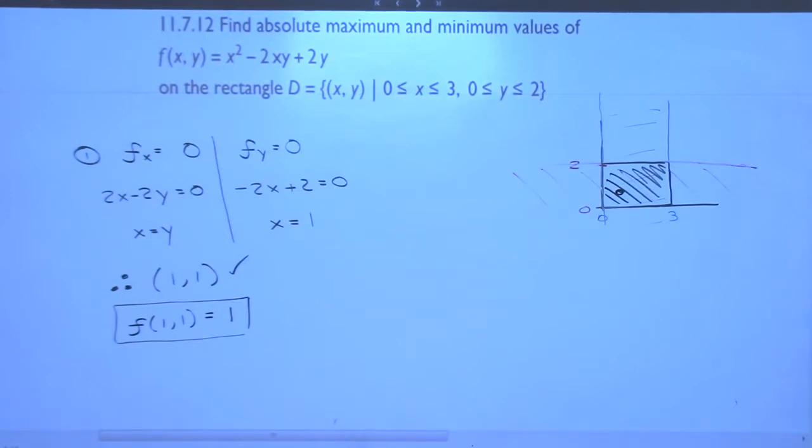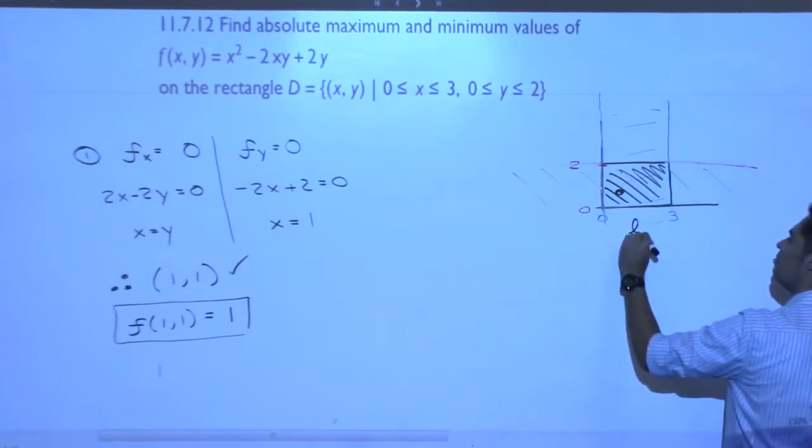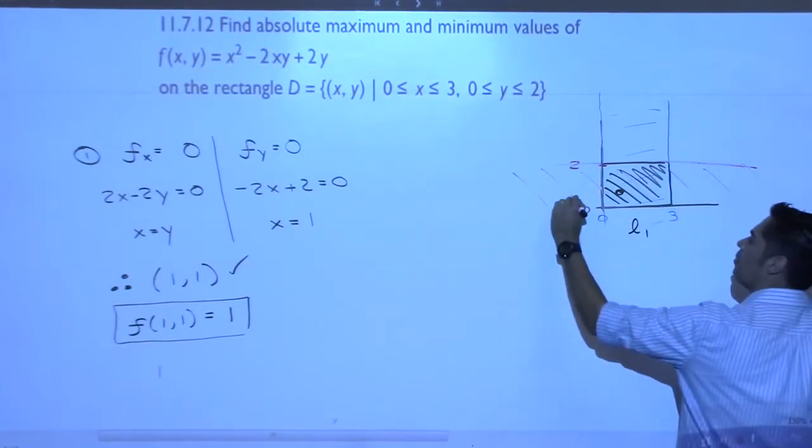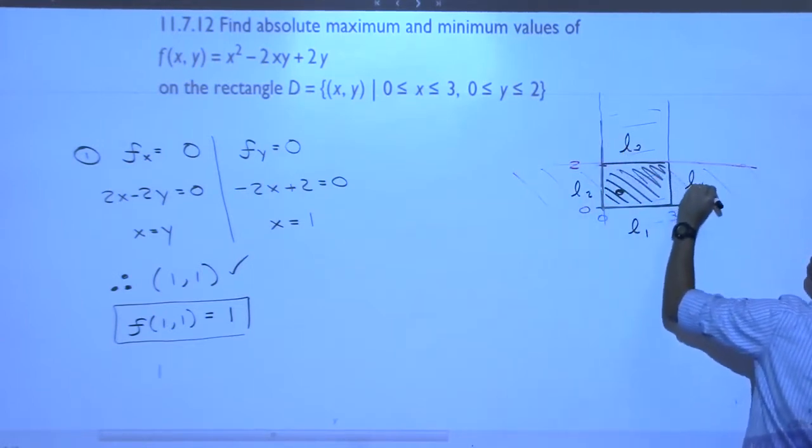Now, we're going to move around this closed bounded set. So we're going to break it up into how many different pieces here? 4, okay? 4 pieces. So here's what we'll do. Let's define this to be L1, and let's go clockwise: L2, L3, and L4.